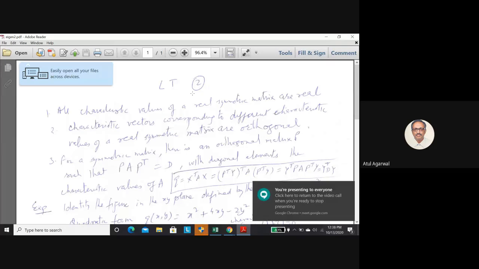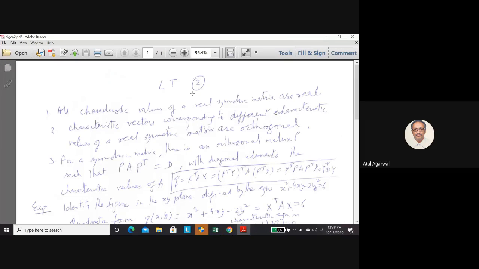Now, the matrices I had taken in the last slide were not symmetric matrices. You look at them. I have already uploaded the files on your Google Drive. Now, if the matrices are symmetric, these are some observations. All characteristic values, I mean eigenvalues, of a real symmetric matrix are real.